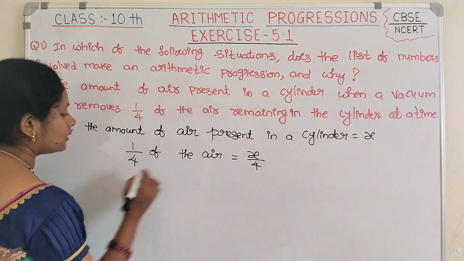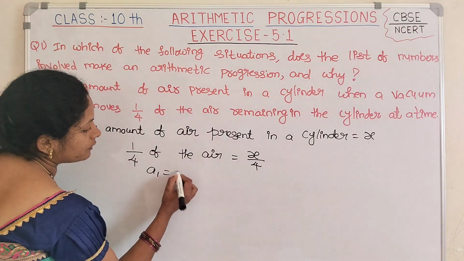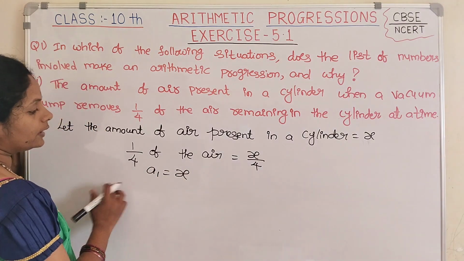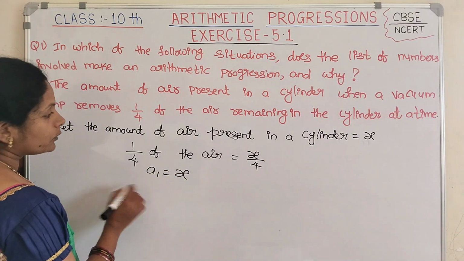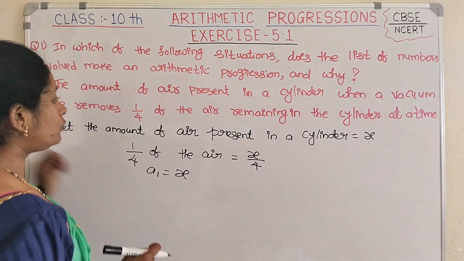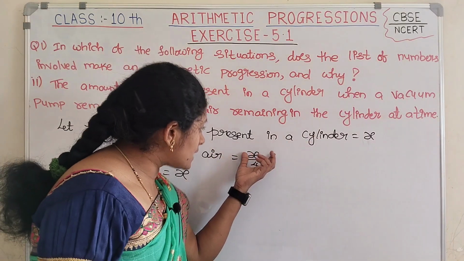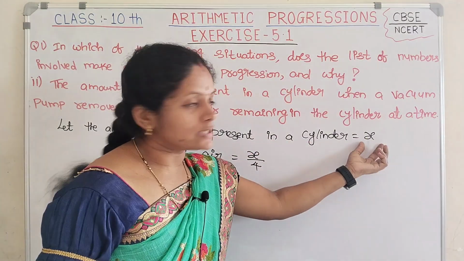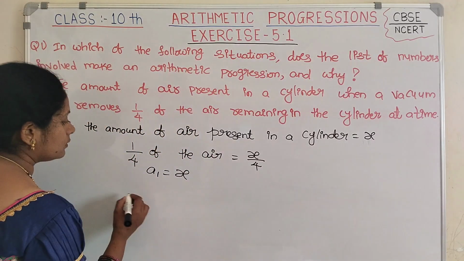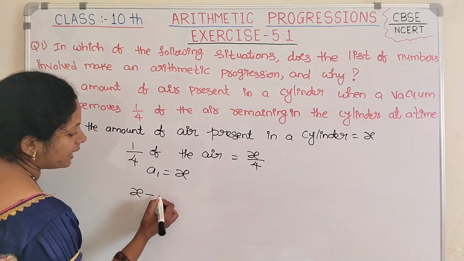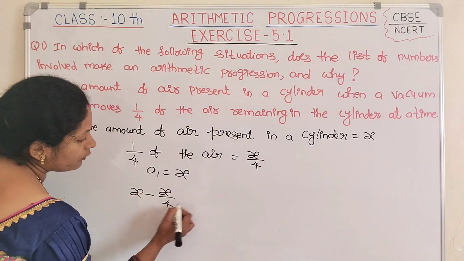we can take a1 is equal to x here. Then to get the a2, what we have to do? We have to remove this x by 4 from this, x minus x by 4.